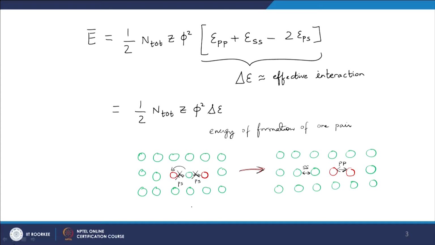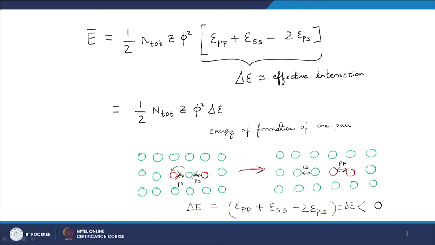The energy change in this process is then one pair of solute, one pair of solvent, minus two pairs of solute and solvent, and this will be favored when this entire quantity is less than 0. This quantity is, by the way, my delta epsilon.